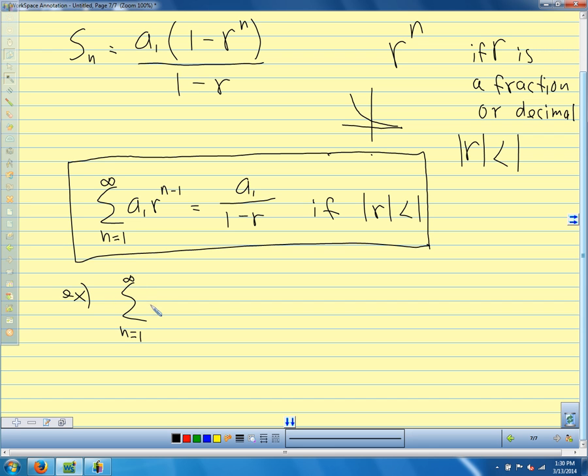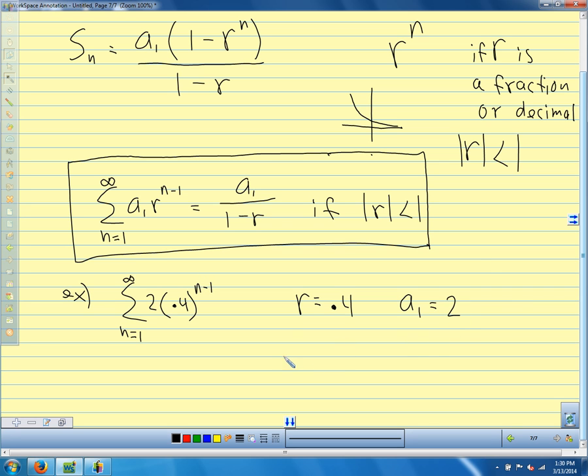Sum of n equals 1 to infinity, 2 times 0.4 to the n minus 1. First off, is this geometric? Yes, r equals, what's our common ratio? 0.4. A sub 1 is 2, because for my first term I plug in n equals 1, and I get 0.4 to the 0, which is 1, so our first term is 2.